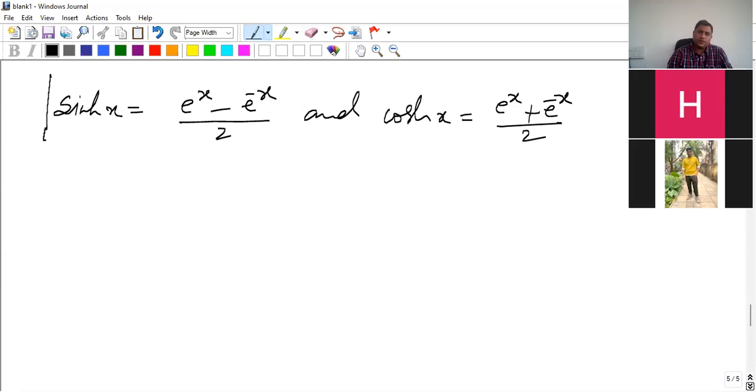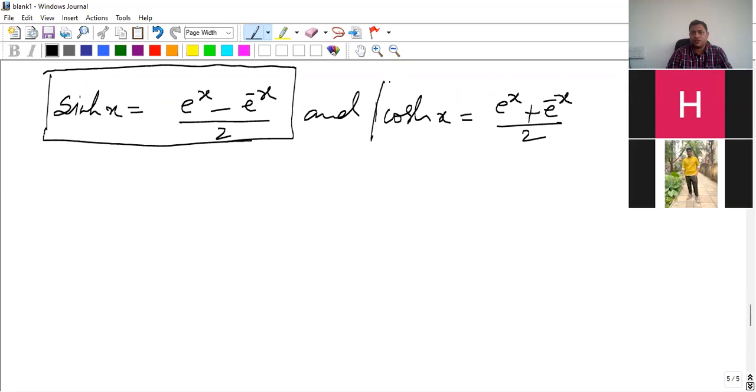These are the definitions of the hyperbolic functions, hyperbolic sine and hyperbolic cosine. Some people read them as sinh x and cosh x, or you can read them as hyperbolic sine and hyperbolic cosine.